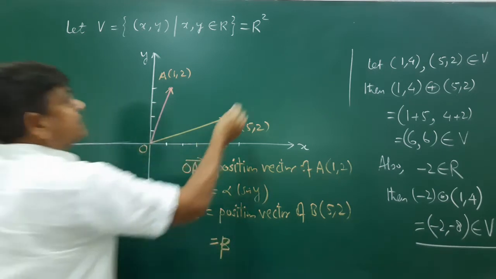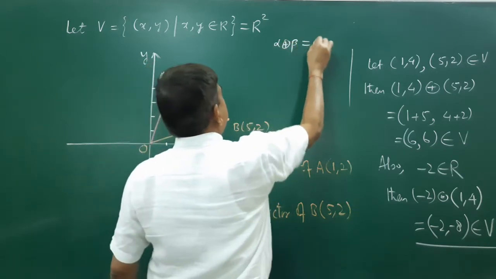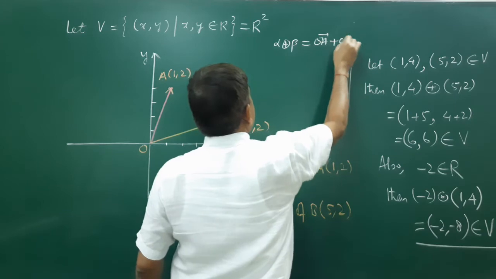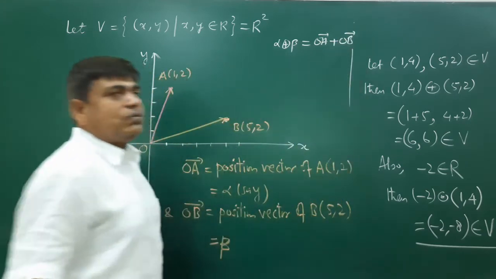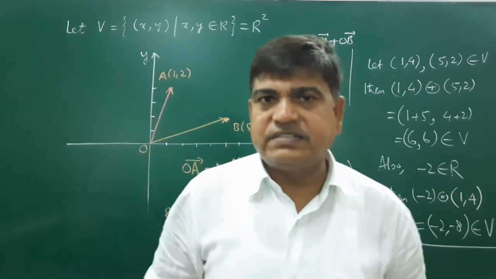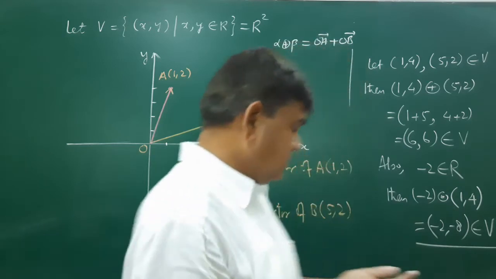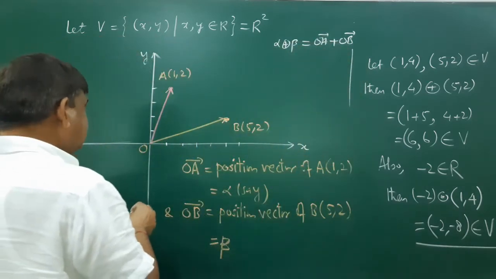So if we add alpha plus beta, we are adding OA plus OB, and these two vectors are added with the help of the law of parallelogram. So let us complete the parallelogram.